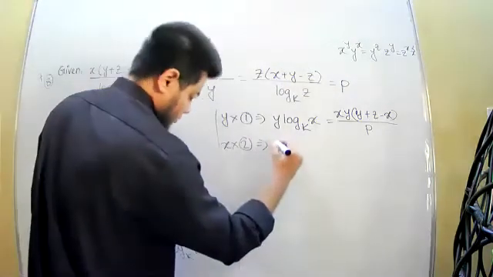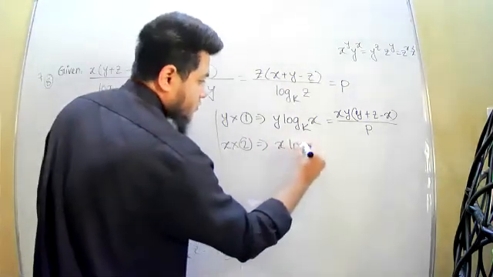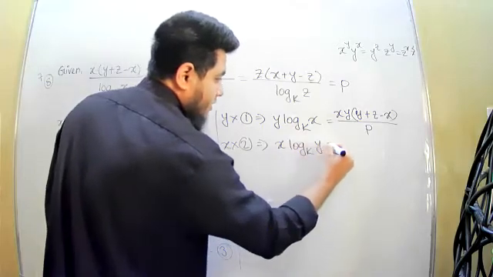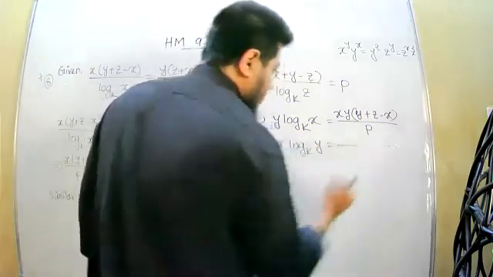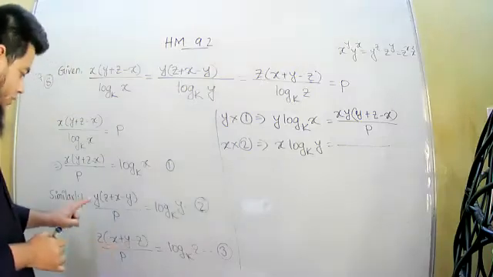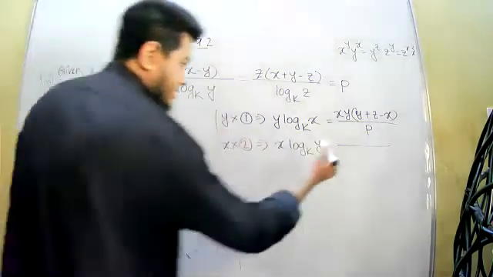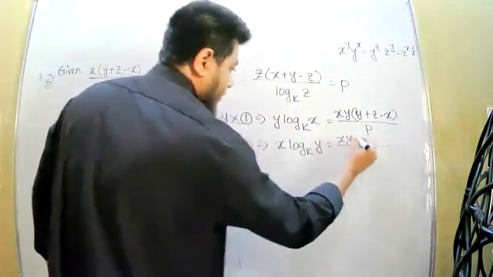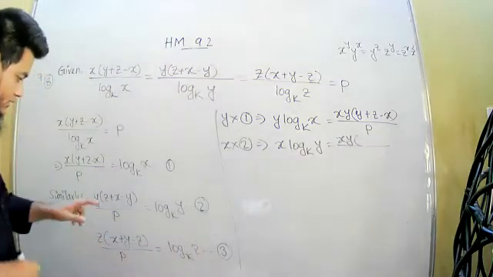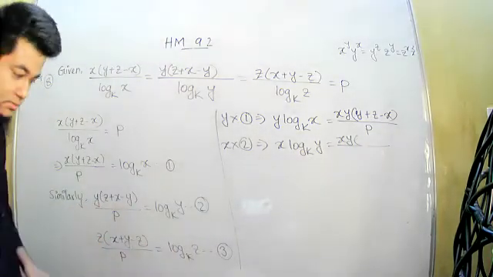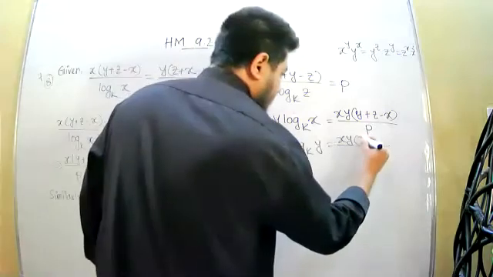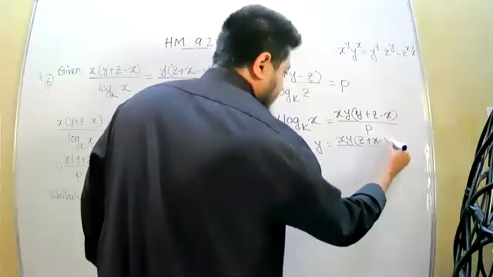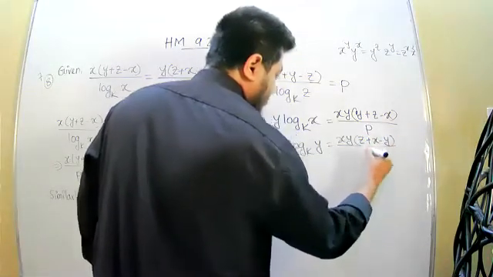Okay, so x into log k base y is equal to, here we have y, we will multiply x, so it will be xy into z plus x minus y divided by p.